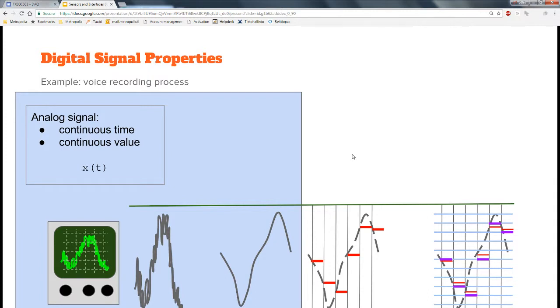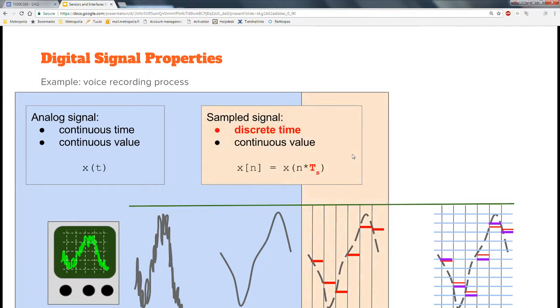Taking a look at the mathematical way, or in theory, analog signals are continuous time and continuous value signals, meaning that they can have any value at any time. So basically it looks something like that.